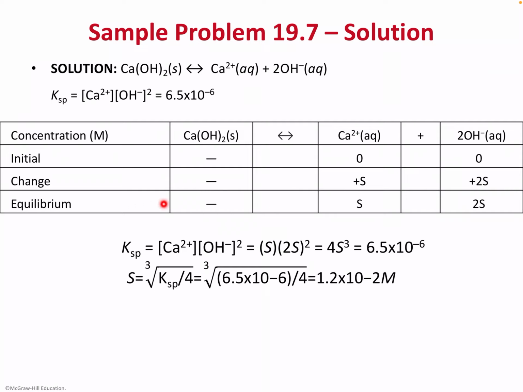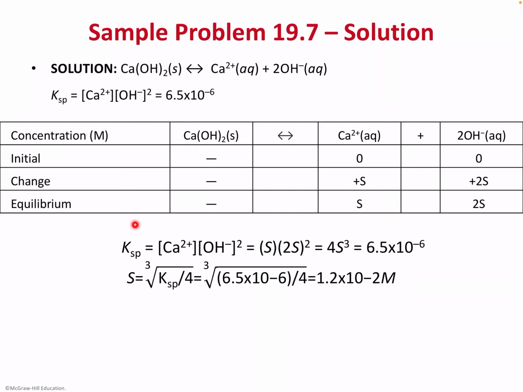So at the equilibrium, we don't have to worry about this one because it's a solid. What you have at the equilibrium is the amount that has been produced, S and 2S. Okay, because there's nothing to begin with, so it's going to be the same amount.